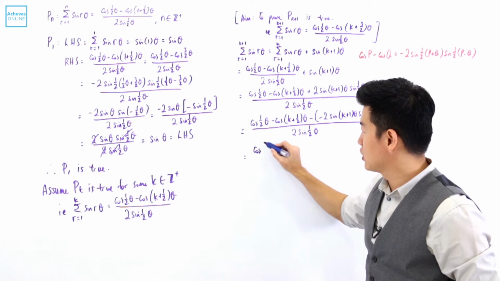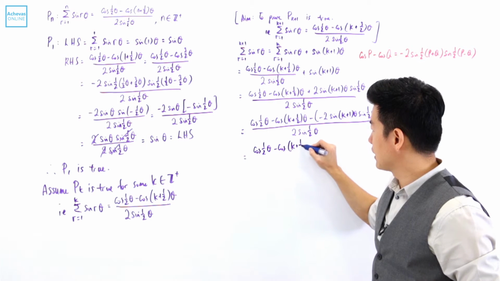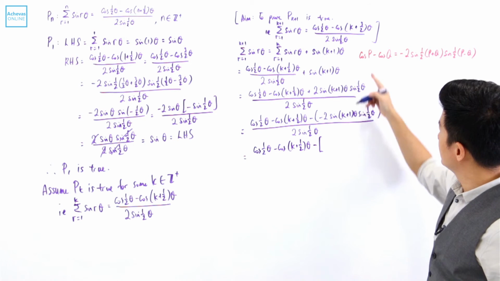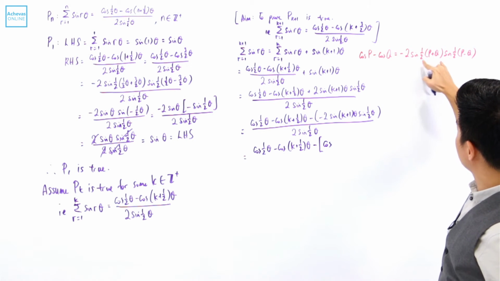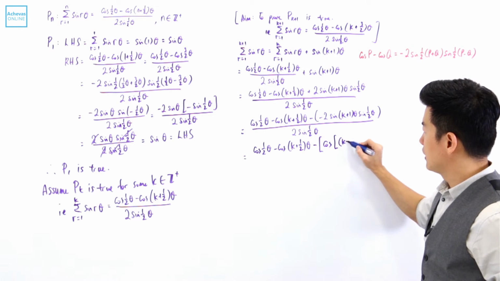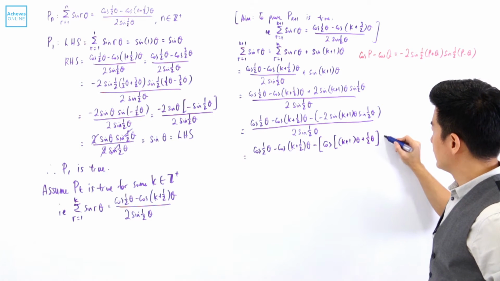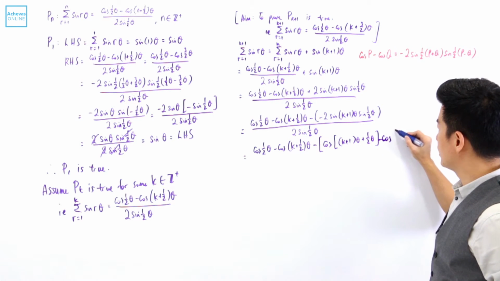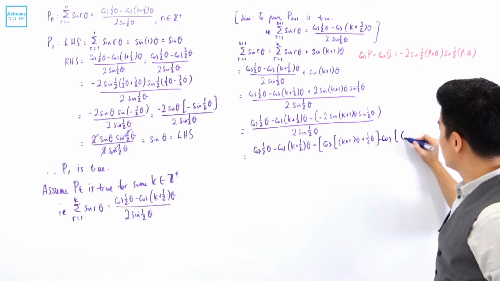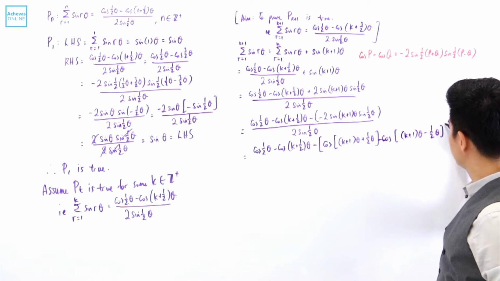So it is cosine half theta minus cosine (k plus half) theta minus this that is here, it is going to be cosine of this plus this. So it is going to be cosine of this plus this, (k plus 1) theta plus half theta. Then minus cosine of this minus this. So it is going to be cosine of (k plus 1) theta minus half theta.